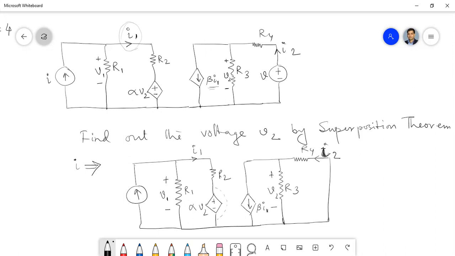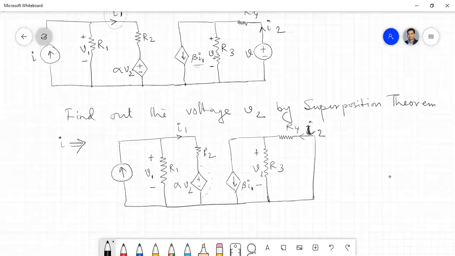If there are dependent sources, you cannot make them off, either in the superposition theorem or in any other theorem like Norton's theorem or Thevenin's theorem. Only the independent sources you can make off. Correct?